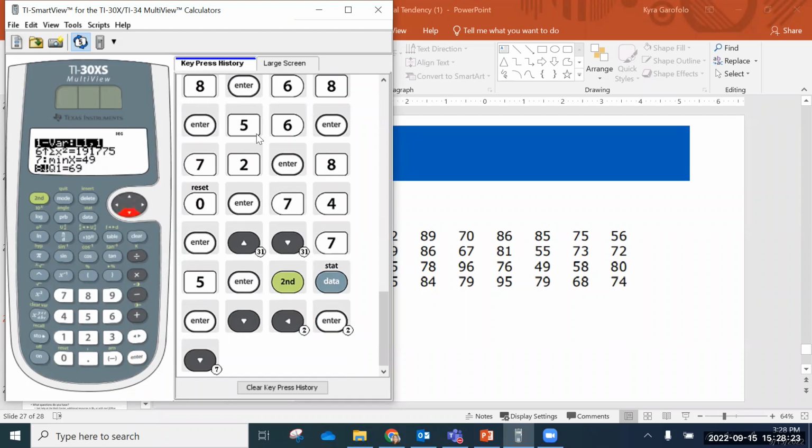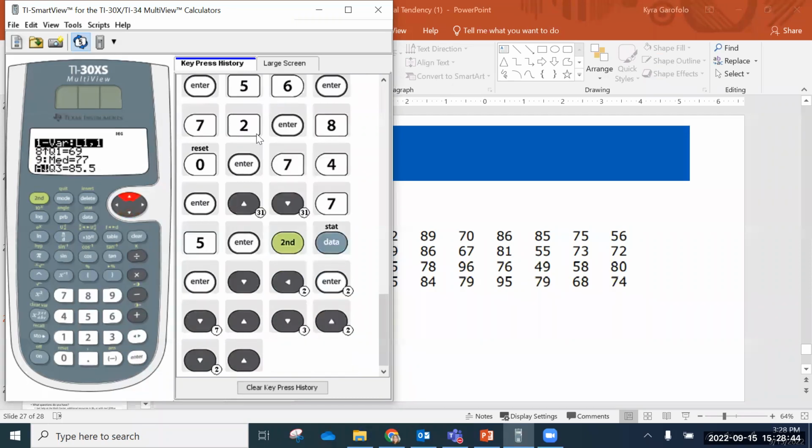We see the min. We see Q1, which is 69. We see our median, which is Q2, which is 77. And we see our Q3, which is 85.5. So that's a whole lot easier than finding them yourself, right? Especially if I ask you for multiple things about it, like I will on the test. So there's your quartiles.